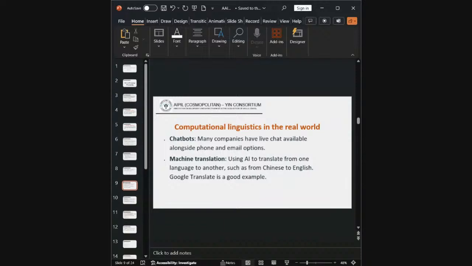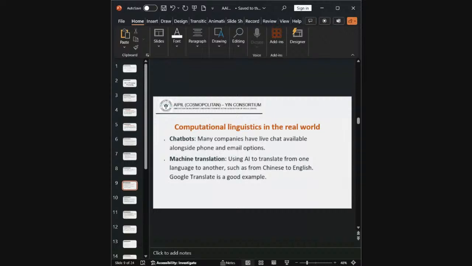So if you are still seeing the digital world as something abstract, you better come back to reality. Because when we say computational linguistics in the real world, we are talking about a real digital world that is interacting with the physical world. And so here it is, the chatbots.